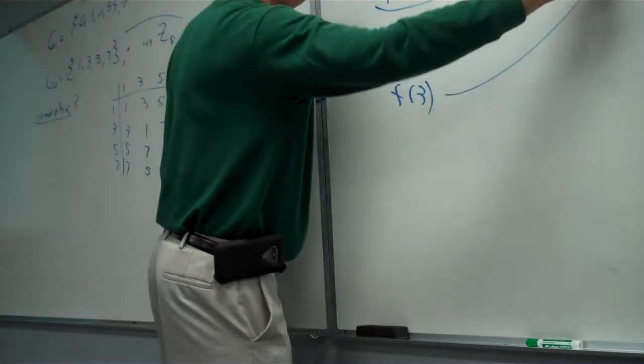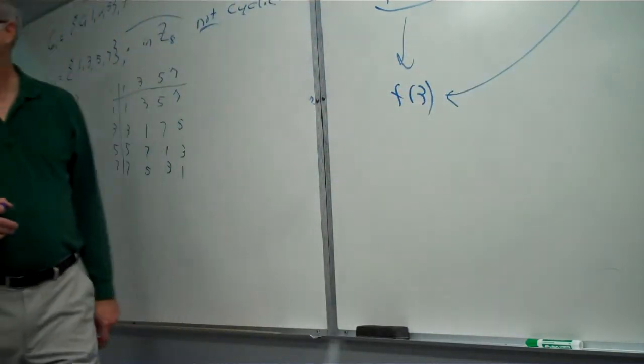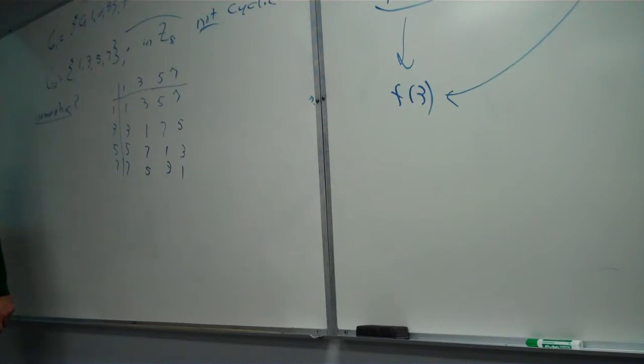Can f of 3 equal f of 1, if we really have an isomorphism? No, the isomorphism is supposed to be 1 to 1. Each input is supposed to go to something different.